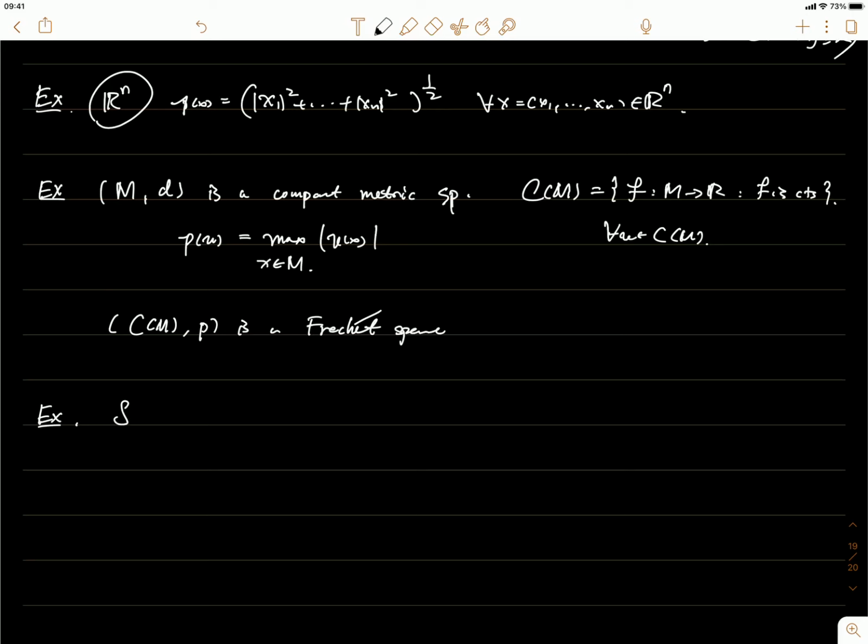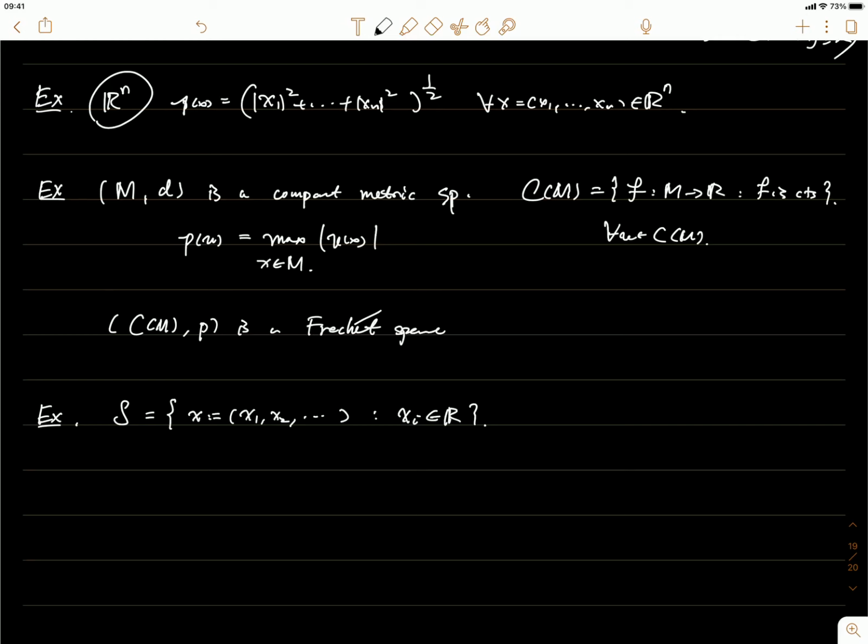Suppose we have a space S that is composed of the sequences in R. So say we have x, defined to be a sequence. We write it x1, x2, and so on and so forth, and each xi is in R. For simplicity, let's just think of it this way. So basically, S is a set of real sequences.